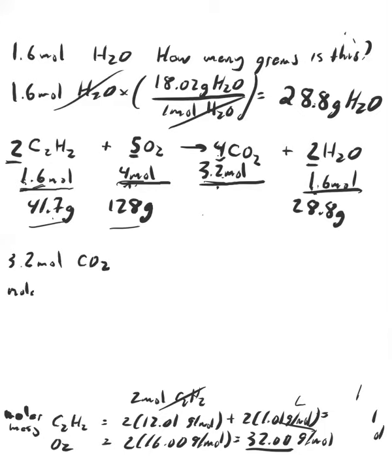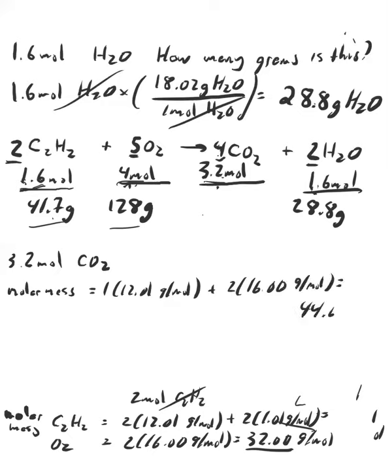Okay, well, how much does carbon dioxide weigh? Molar mass. There's 1 carbon and 2 oxygens. So that's 44.01. I know that one offhand because we use it a lot. So there's your molar mass of CO2. Now you say, okay, we got 3.2 moles.